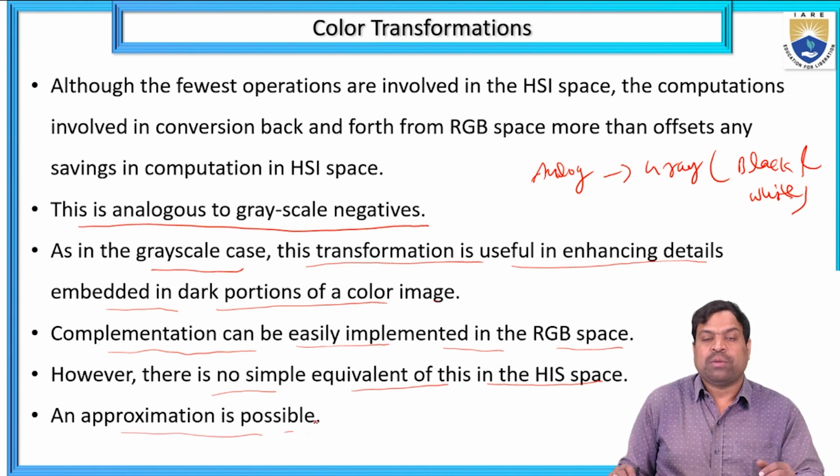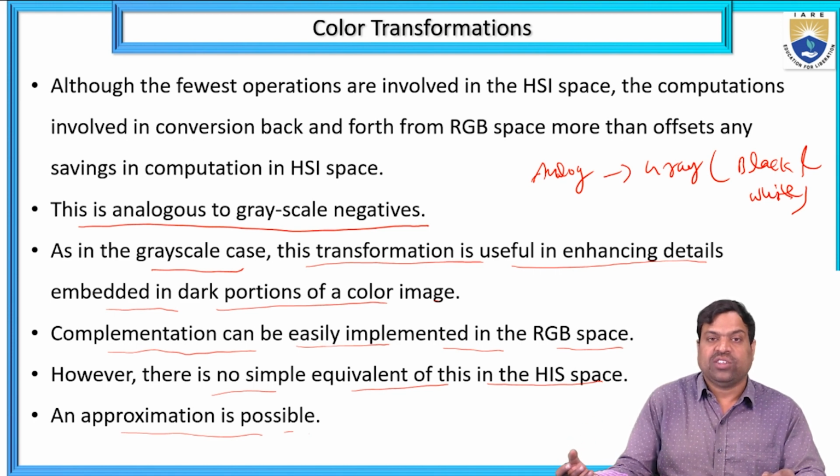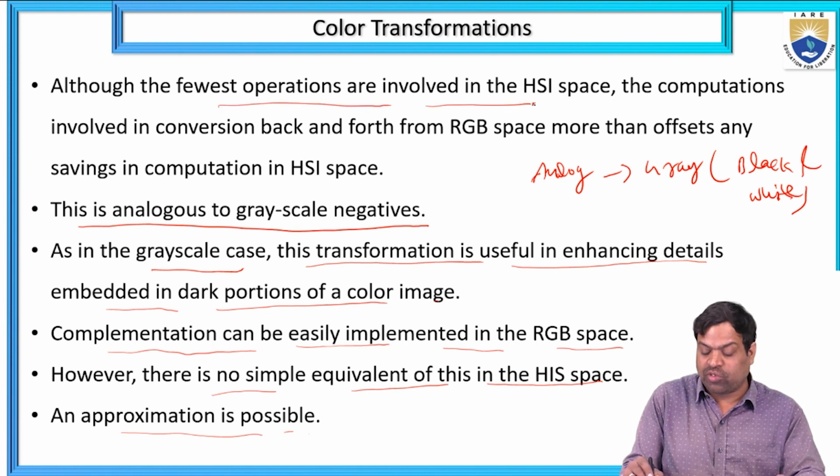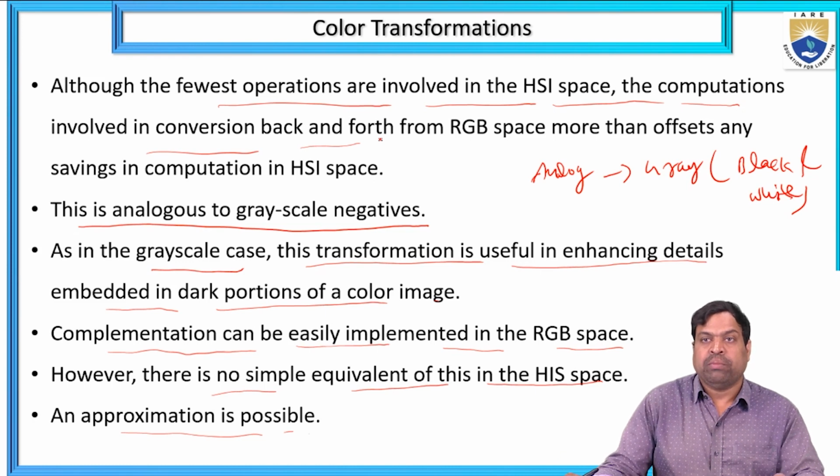So here also I am applying the HSI technique. But what is the difference? The input is a grayscale, black and white image, converted to a color image, maybe in the form of RGB. So grayscale is converted to a color image in the form of RGB. The technique I am using here is HSI space. The computations involved in conversion back and forth from RGB space more than offset any savings in computations in HSI space.